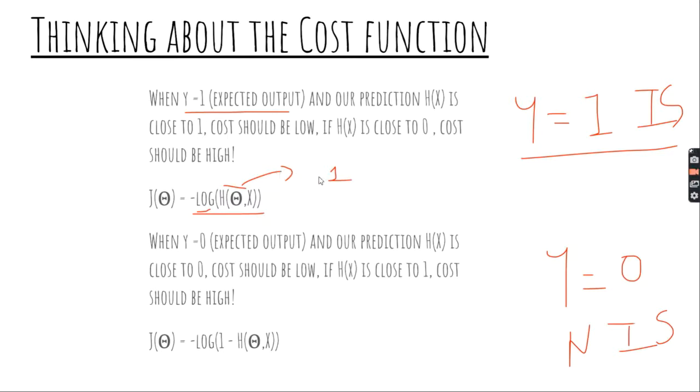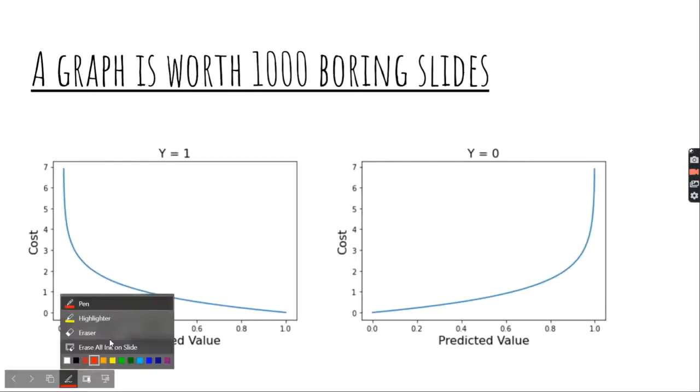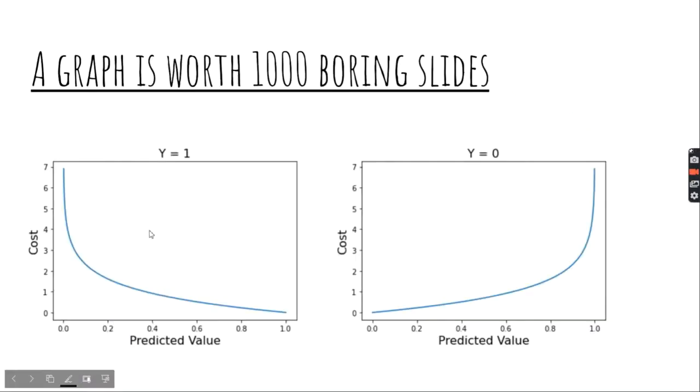Or if it is close to 0, it should spit out a very high value. That's what we want. So does this function help us or not? Let's see. So this is a case of y equal to 1.